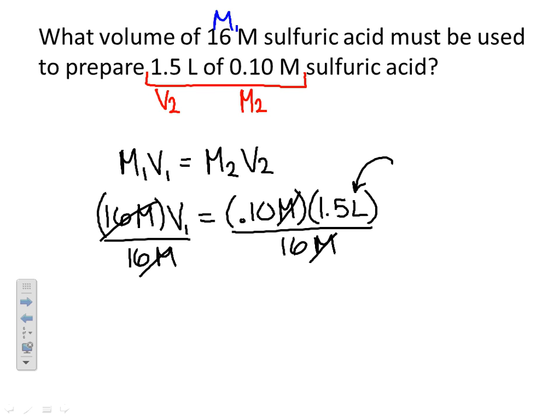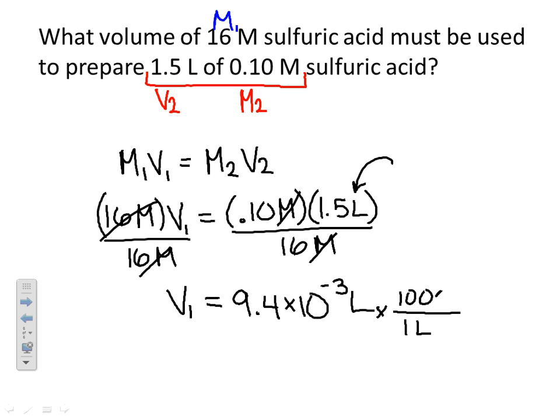So if we'd had milliliters in there, it wouldn't have been a big deal. We just would have gotten an answer in milliliters. So when you do this math, you get 9.4 times 10 to the negative third liters. Oh, maybe we should have put it into milliliters. 1 liter is 1,000 milliliters.